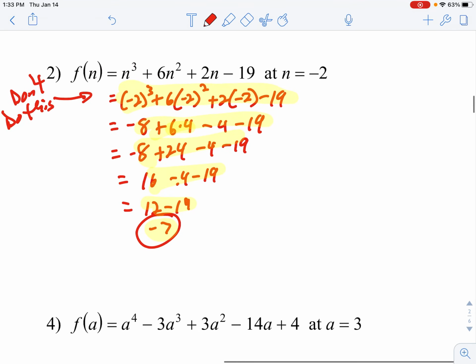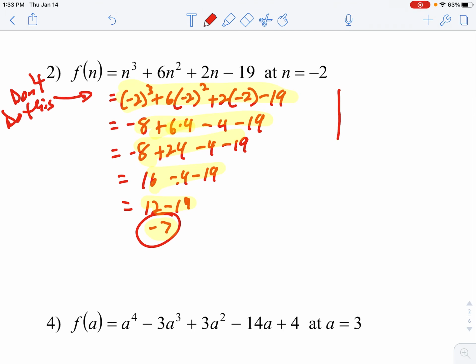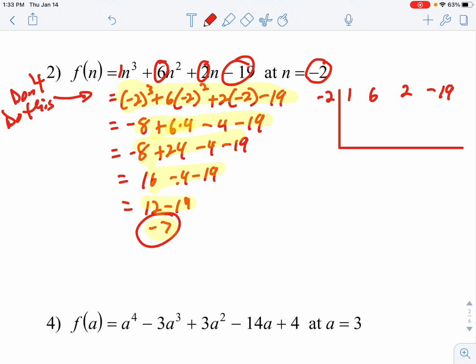Here's what you are going to be expected to do. Set up a synthetic division problem. So you put negative 2, this number, out front, and then 1, 6, 2, negative 19 goes inside the upside down division bracket.